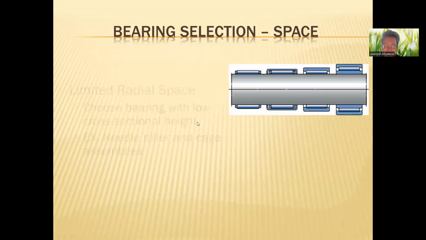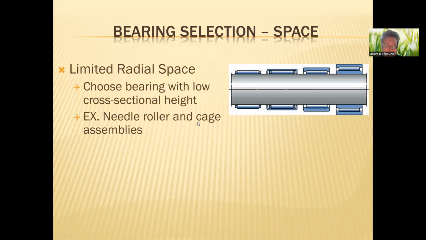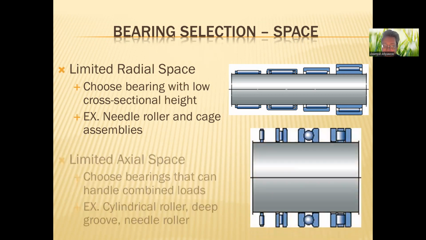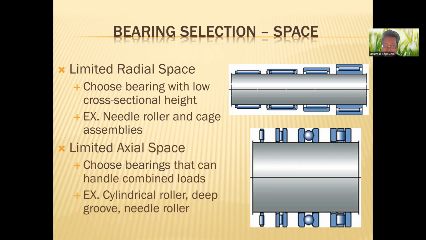Bearing selection, space. Limited radial space: choose bearing with low cross-sectional height. Needle roller and cage assemblies. And limited axial space: choose bearings that can handle combined loads. Cylindrical roller, deep groove, needle roller.